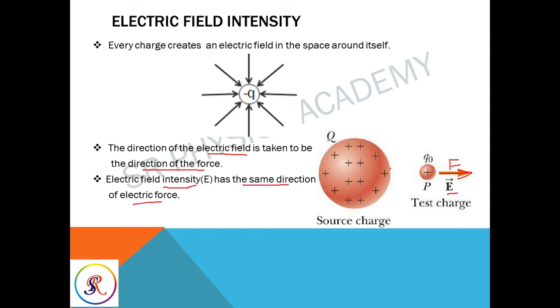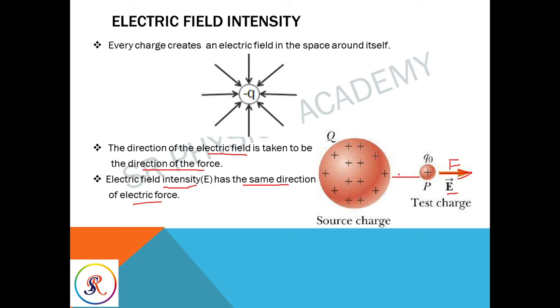Suppose the test charge is here, which I mention as Q naught, and suppose the source charge is negative. One is positive and one is negative, so the two charges will try to attract with a small distance. What is the direction of the force here?